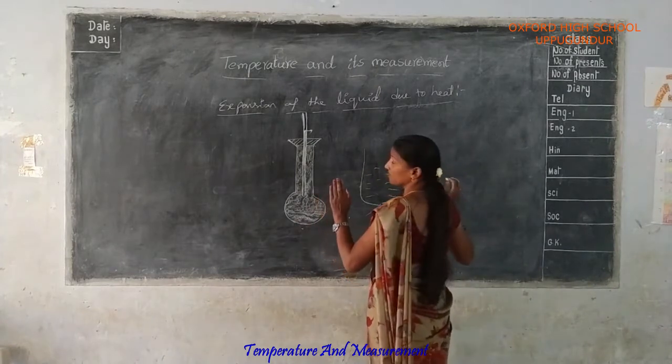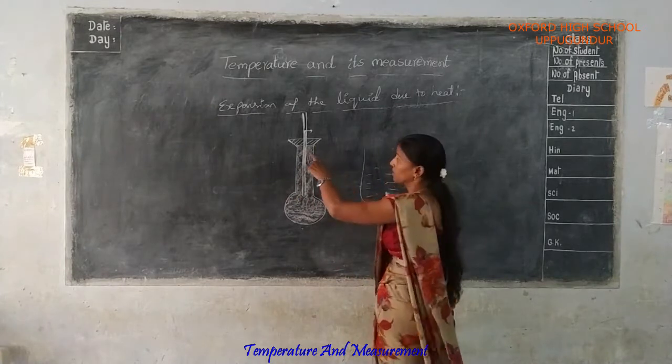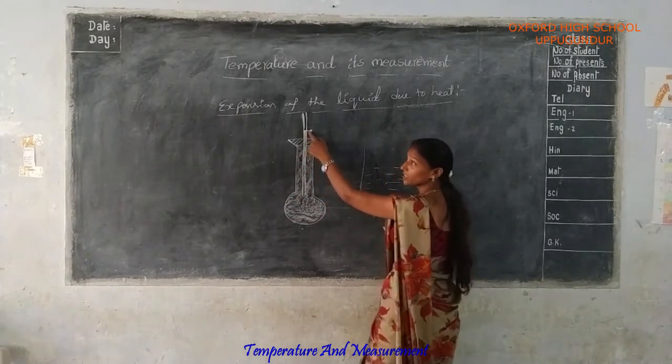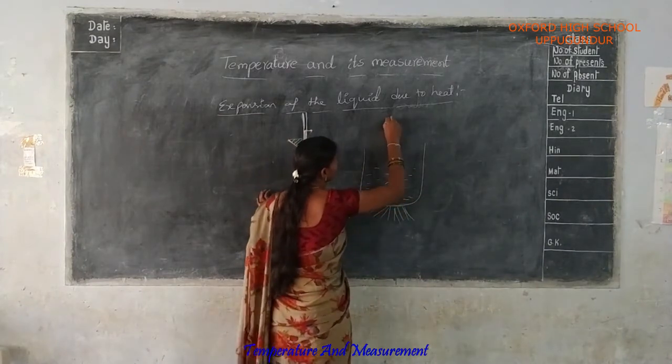So you carefully observe the colored water level. Okay. So starting here, you keep one marker. Yes or no, ma'am?